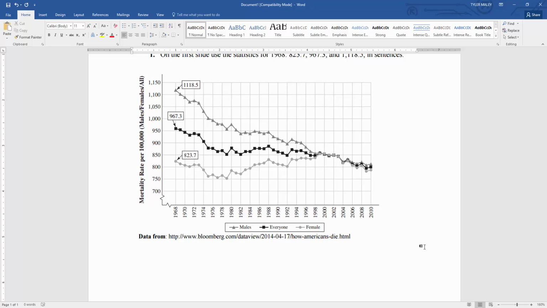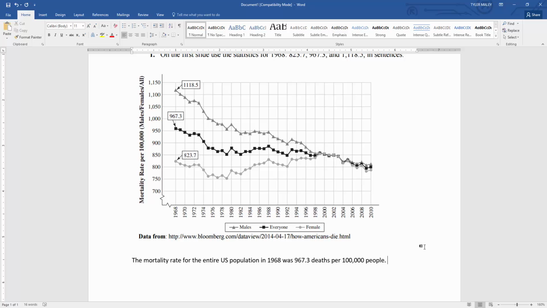This is what I had written down: The mortality rate for the entire U.S. population in 1968 was 967.3 deaths per 100,000 people.